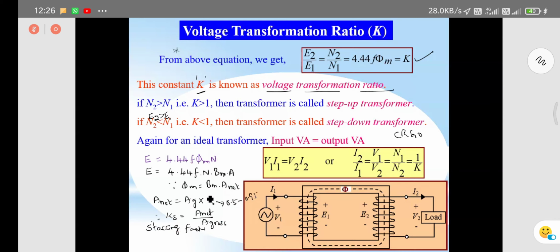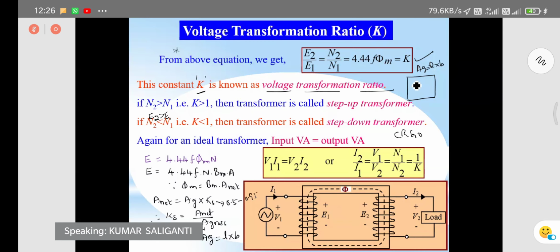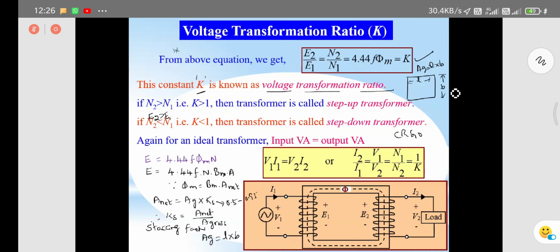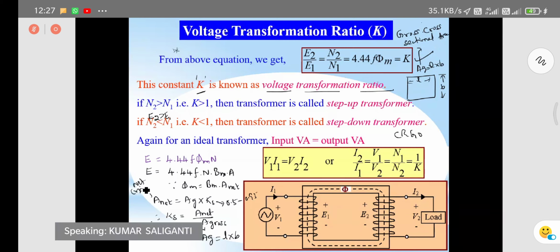Ks is nothing but the stacking factor. But what about the Ag here? The Ag is nothing but L into B. Suppose you take this transformer, the Ag equals L into B. This is the L, this is the B. So this Ag is the gross cross-sectional area, and this is the net cross-sectional area.